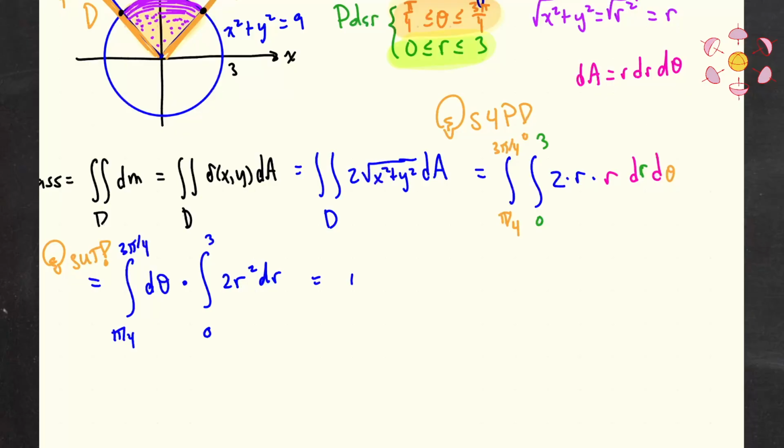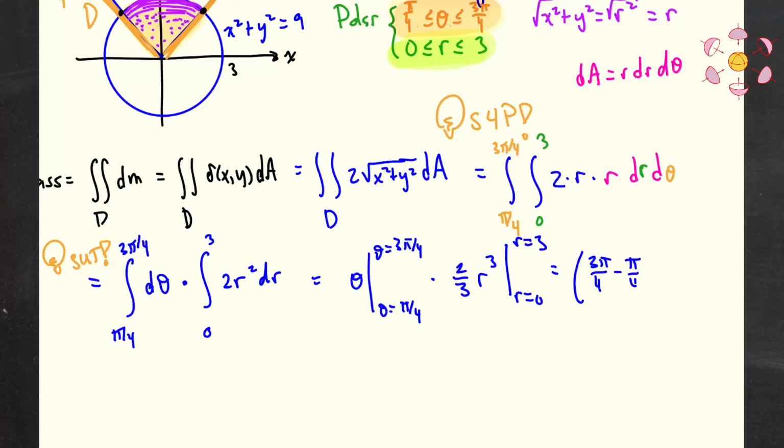So we've got theta, and theta goes from pi over 4 to 3 pi over 4 times 2/3 r to the third. R goes from 0 to 3. Okay, so 3 pi over 4 minus pi over 4 is our integral in theta, times 2 over 3, 3 to the 3, so 3 cubed, minus 2 over 3 times 0.